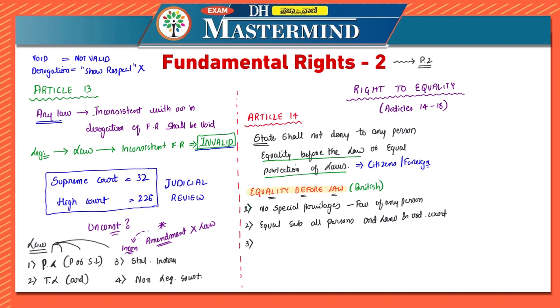That is, this is speaking about complete equality. Nobody is rich, nobody is poor in front of law. That is being said by equality before law. The third statement says that no person is above law. That is, everyone has to be treated the same. For the same crime, they have to be treated the same only.